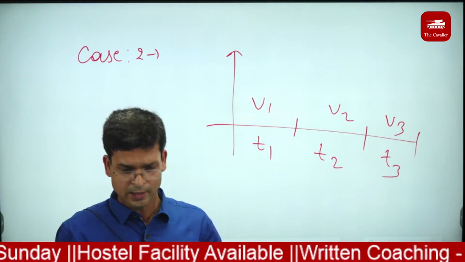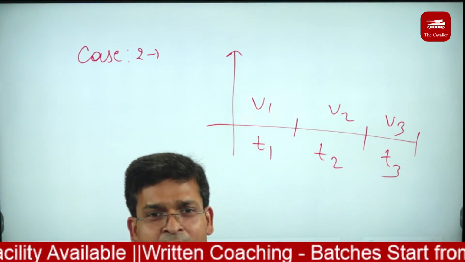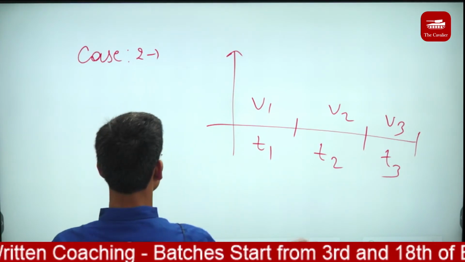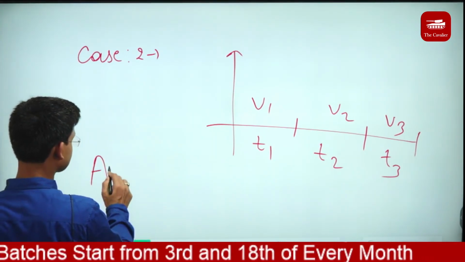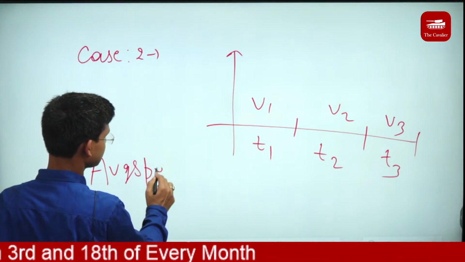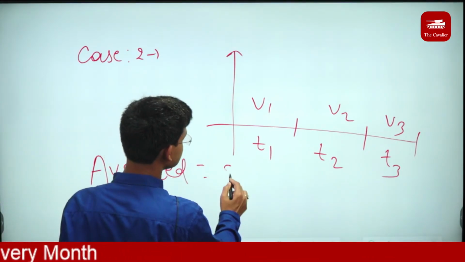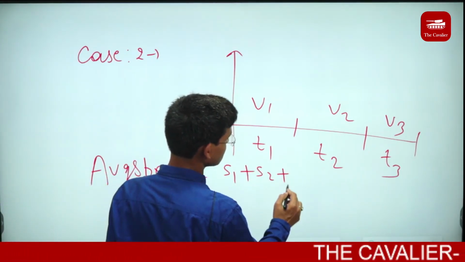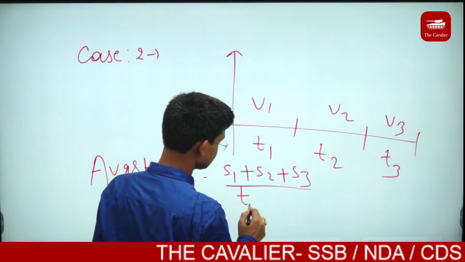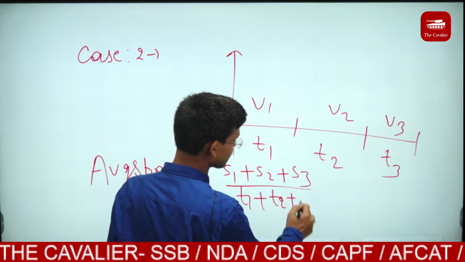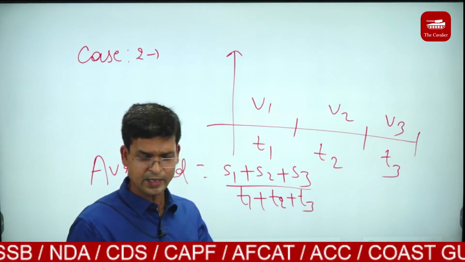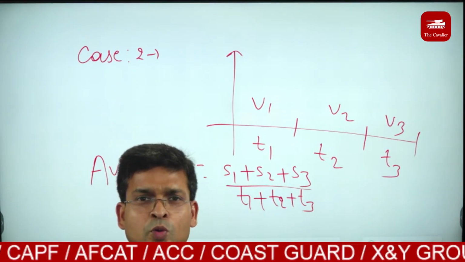In this case, you have given the time and the speed. You can easily find average speed, that is total distance upon total time, t1 plus t2 plus t3.